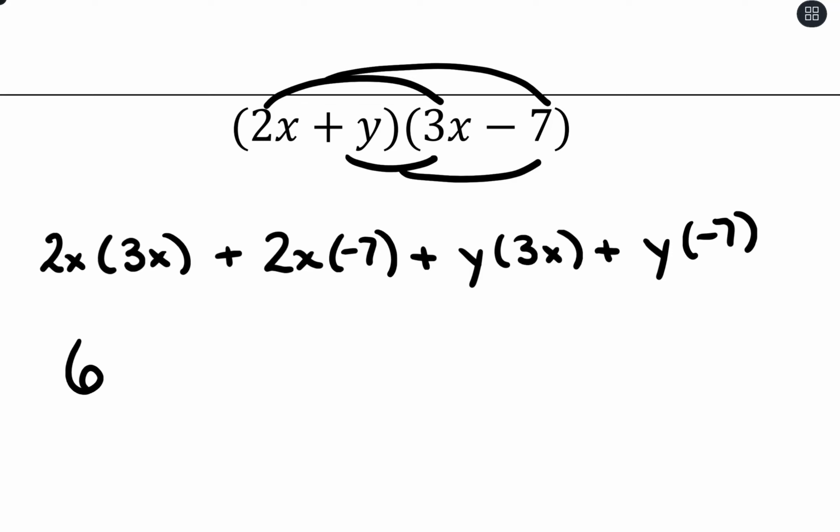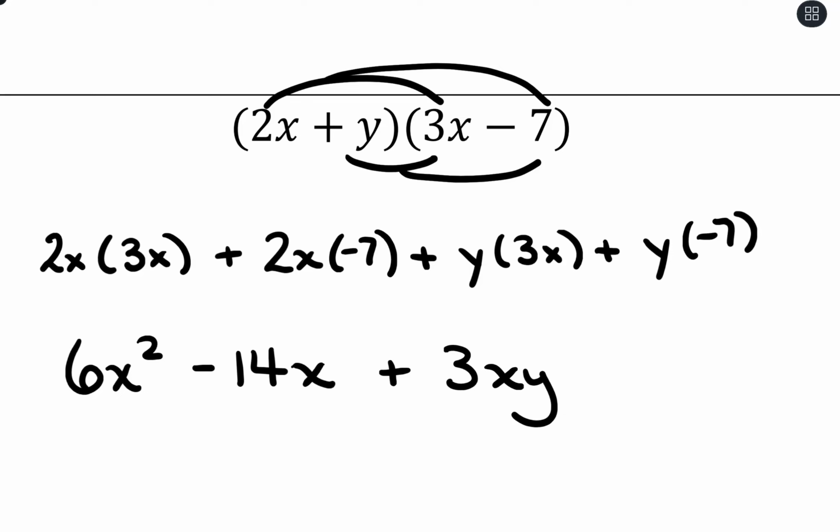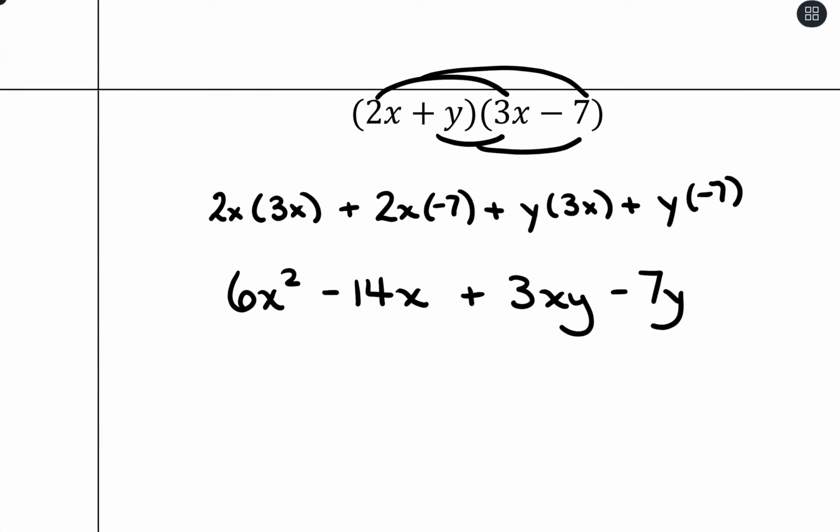So that'll be 6x squared minus 14x plus 3xy minus 7y. And I go looking for any like terms that I can combine, but that's going to be all simplified.